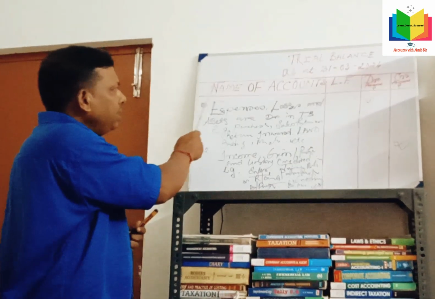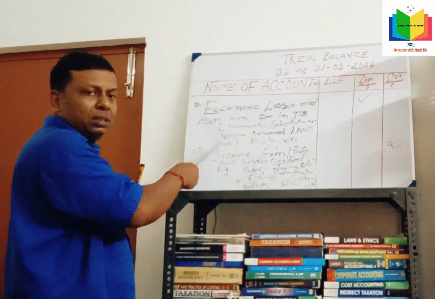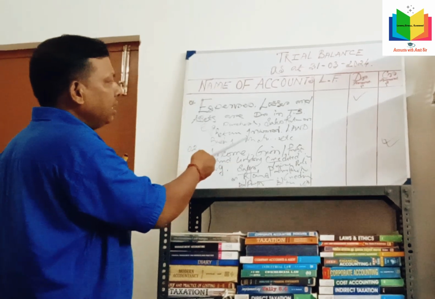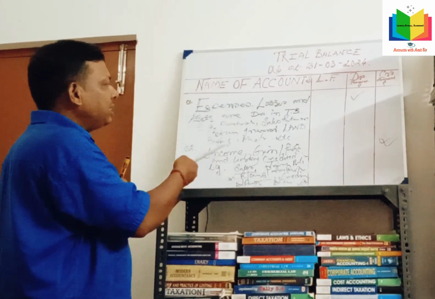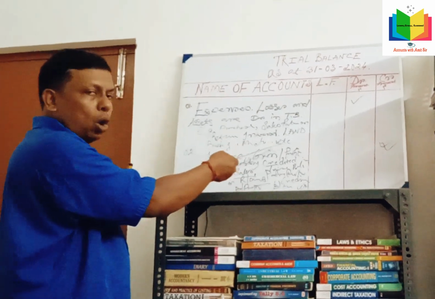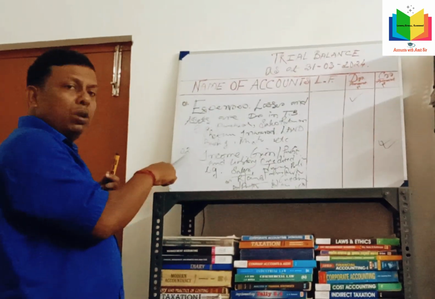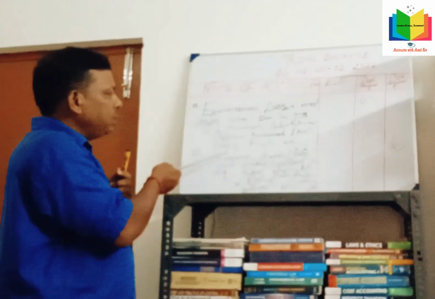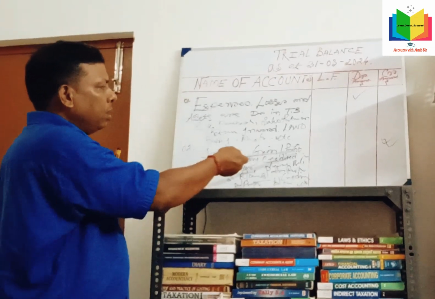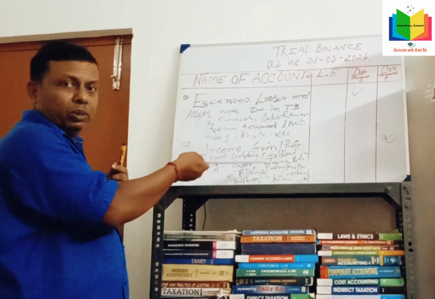Rule number 1, expenses, losses and assets are debited in trial balance. Purchase, sales return or return inward, and assets, for example building, machinery, plant, stock, debtors are debited in trial balance. Rule number 2, the opposite of expenses, income, gain or profit and liability are credited in trial balance.